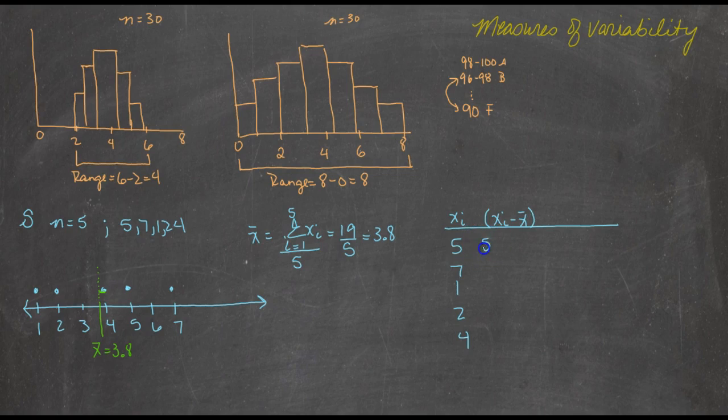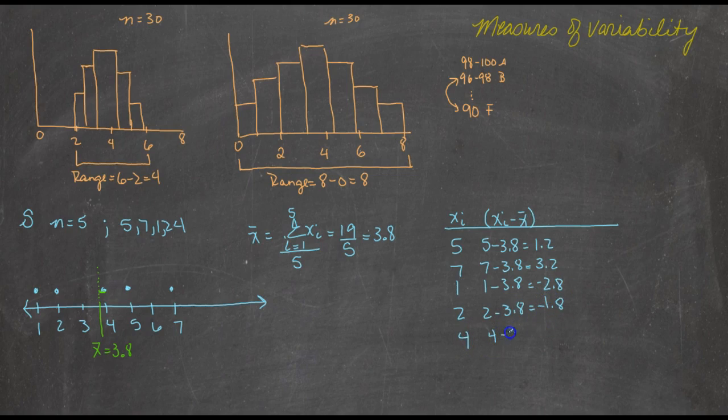So this would be 5 minus 3.8 equals 1.2, and then 7 minus 3.8 equals 3.2. 1 minus 3.8 equals negative 2.8. 2 minus 3.8 equals negative 1.8.